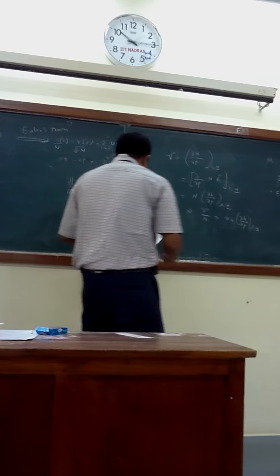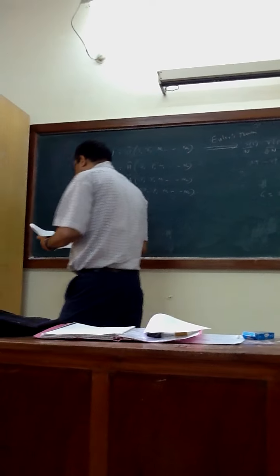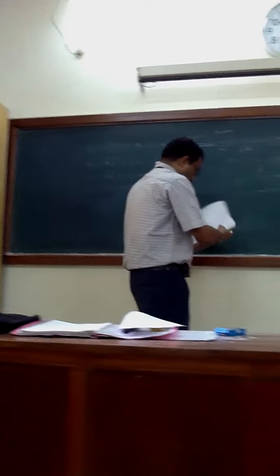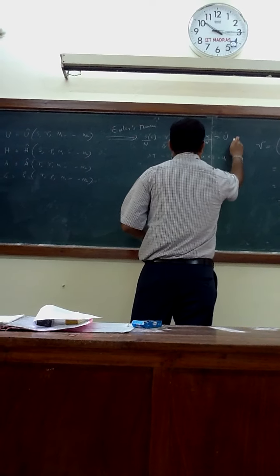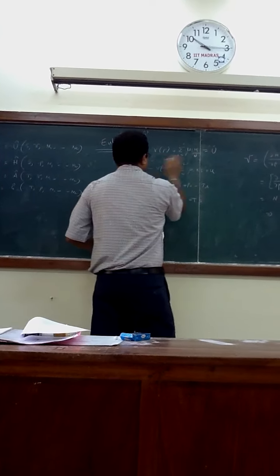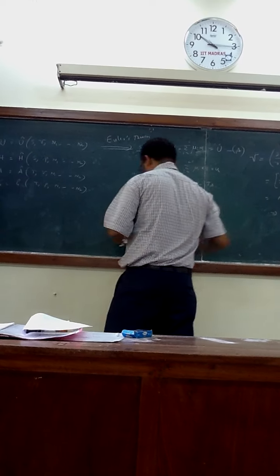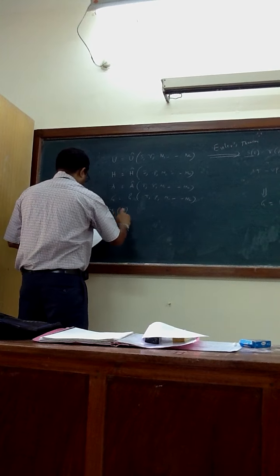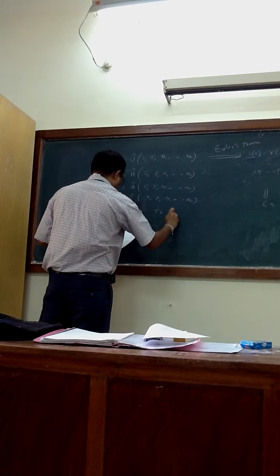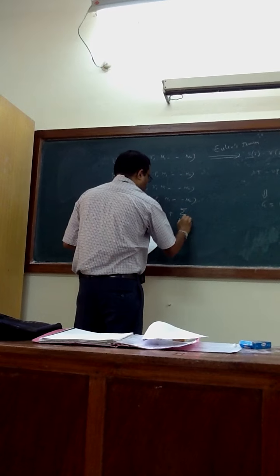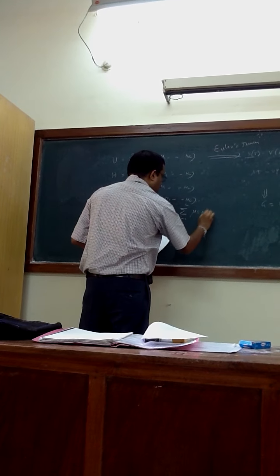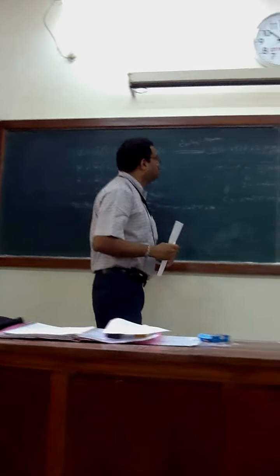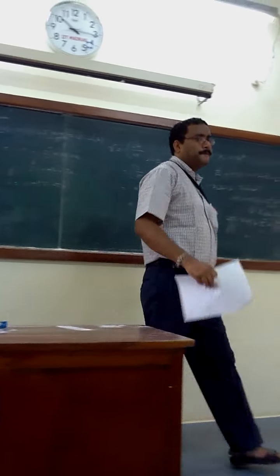Now one thing I would like to show here from this equation, which is my equation number A. From equation A, we have found that TS plus summation i equals 1 to C of mu_i n_i equals U plus PV equals H. Right?